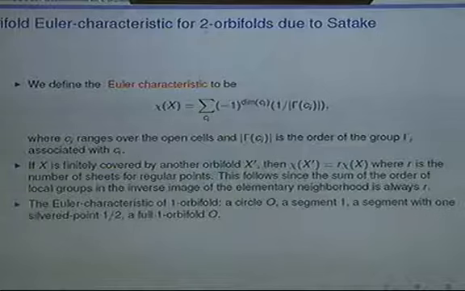For example, for one-orbifolds, the circle has Euler characteristic 0, the segment has 1, but a segment with one silvered point has Euler characteristic 1/2. And if you have two silvered points at the ends, then it will have Euler characteristic equal to 0, right?